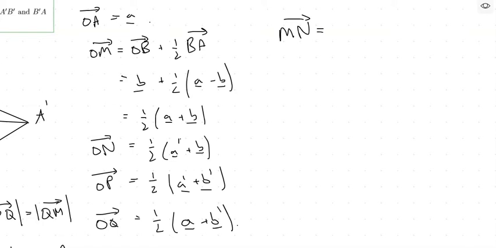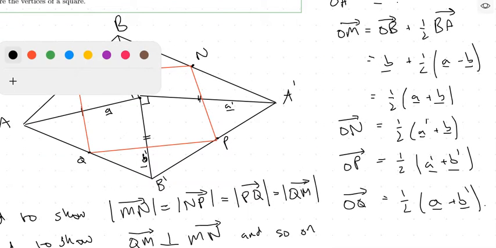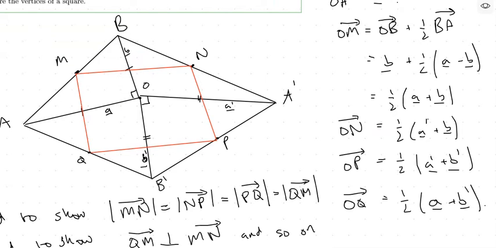MN is equal to MO, we go back to the origin, then ON, we go out to N. Does that make sense? We start here at M, we go back to the origin, and then we go out to N. That's the same as the vector ON. Make sense?